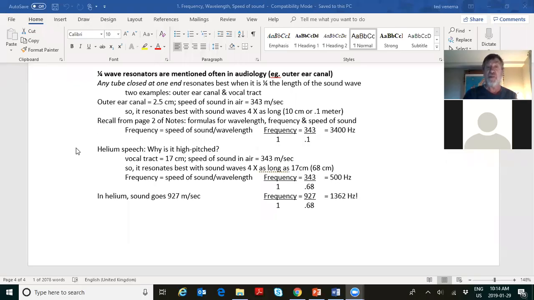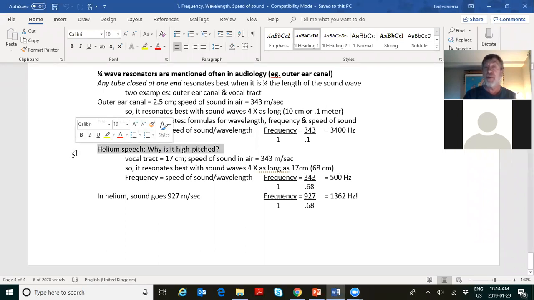Let's look at our formula about quarter wave resonators, just for the heck of it. Here we go. Bottom of the page, look at our writing. Helium speech. Why is it high-pitched? Well, your vocal tract is 17 centimeters, the length from your voice, larynx, to your lips.